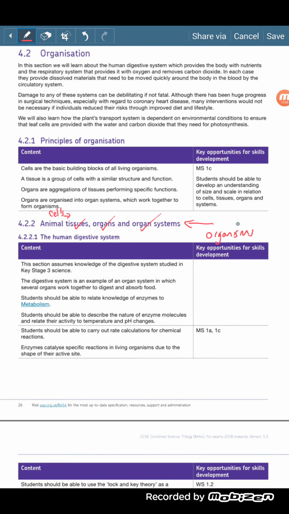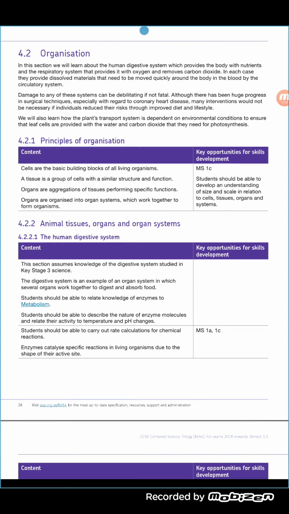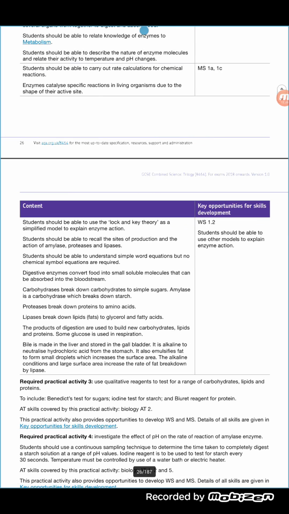And you've just got to learn these definitions that are here and be able to identify them. So you might have, for example, the lungs are an organ, but they are within the respiratory organ system of lungs and heart and blood vessels. So, pretty simple one there. We just got to know those definitions though of cells, tissues, organs and organ systems.